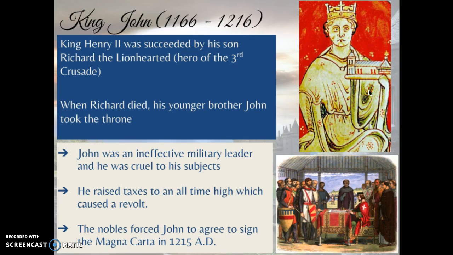And so in 1215, nobles, I think, chased him down into a field and made him sign something that will become known as the Magna Carta, or the Great Charter. And so this is a 19th century rendition of what that must have looked like.